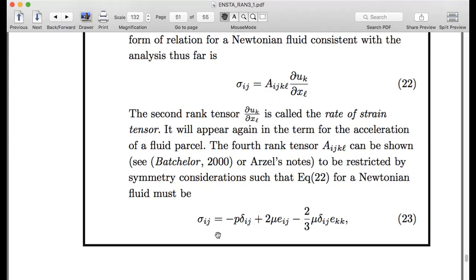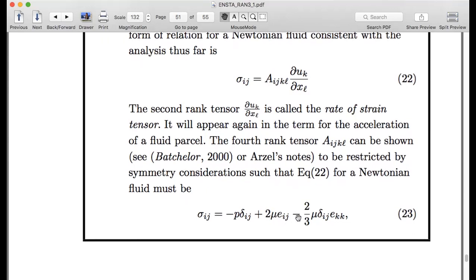We have the isotropic part that we've already seen related to the pressure. Isotropic because it's just that P along the diagonal, or minus P actually, minus P along the diagonal, plus 2 times this dynamic viscosity coefficient times EIJ. I'm going to explain EIJ in a second.